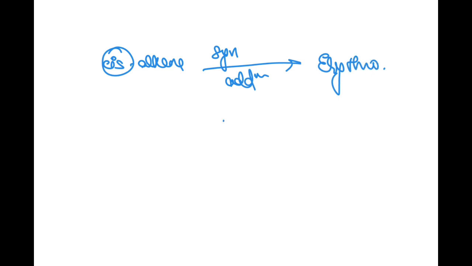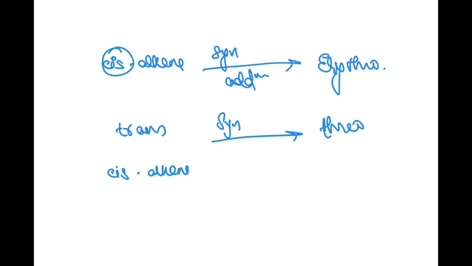If you are doing syn addition on a trans alkene, that is going to give you the threo DL pair. Similarly, if you are doing anti addition on a cis alkene, then you are going to get the threo.